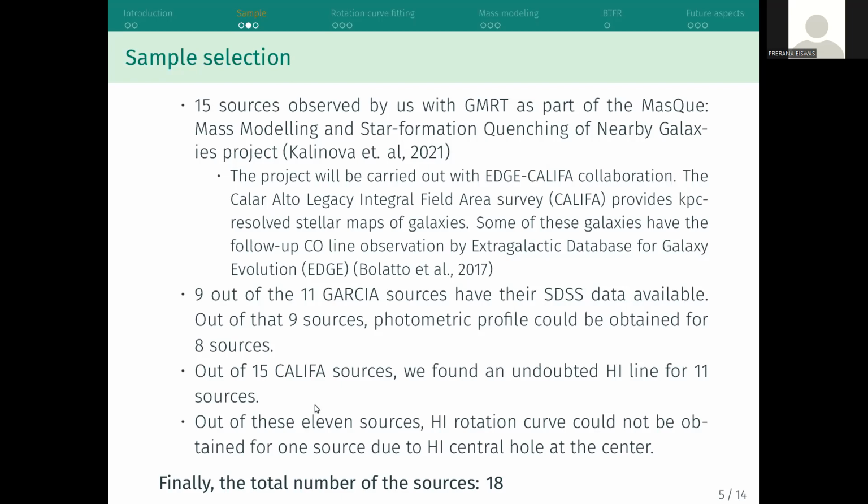And out of the 15 sources, after doing the analysis, we found that for 11 sources we have found the line undoubtedly. Among these 11 sources, for 10 we got a successful rotation curve fitting. For one source, there is a big central HI hole, even in the lowest resolution of the cube, and thus the rotation curve fitting would have failed. That makes our total number of sources for this study equal to 18.